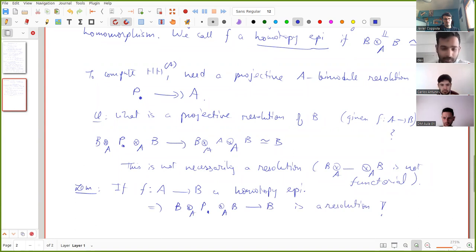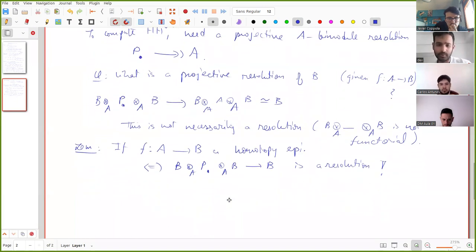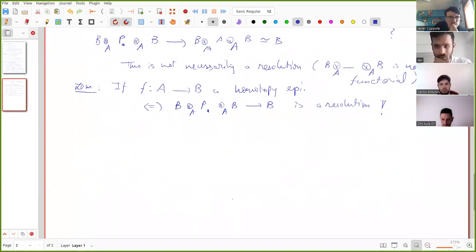Well, I should not put an exclamation mark before a lemma, but okay, you get the excitement. And the good part is that this is an if and only if statement. So this is a resolution if and only if F is a homotopy epimorphism. So that mysterious derived tensor product condition simply boils down to this more concrete statement.